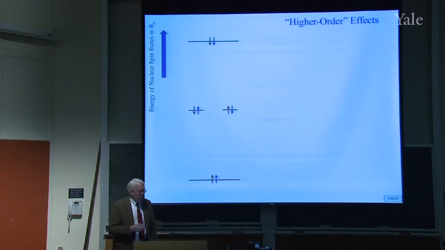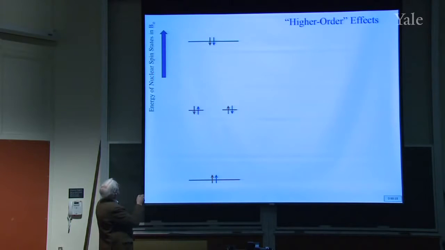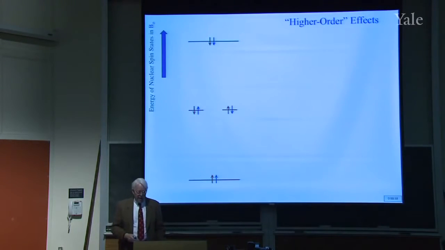Okay, so here we're plotting the energy in a big applied field of different nuclear spin states, and we're talking about just 2 nuclei. So they could both be with the field, that would be low in energy, or one with and the other against, or one against and the other with, and then they could both be against the applied field. So you'd have these different energies. And that's the 100 megahertz, that's the energy that it would take to get from here to here by flipping the red spin.